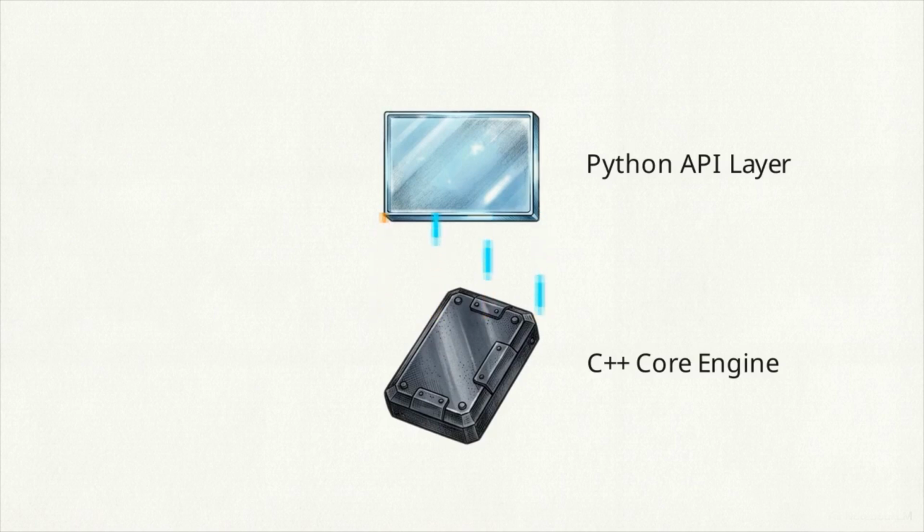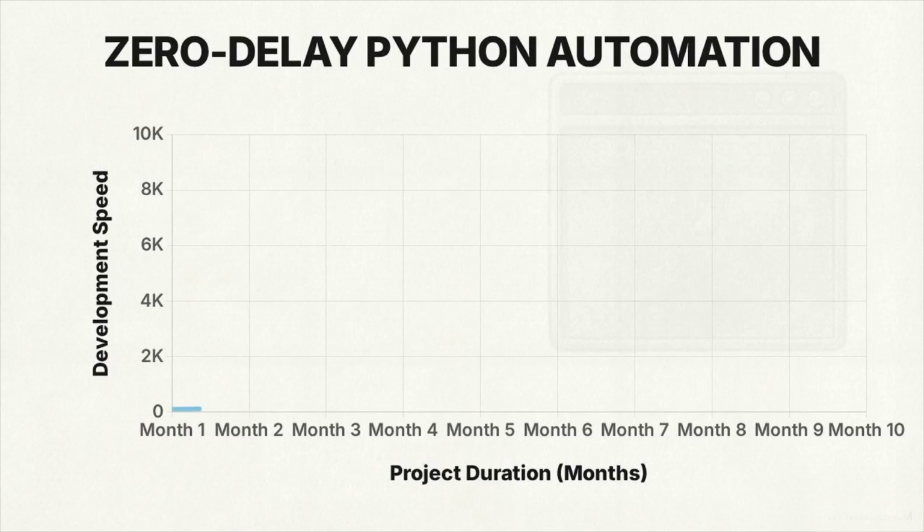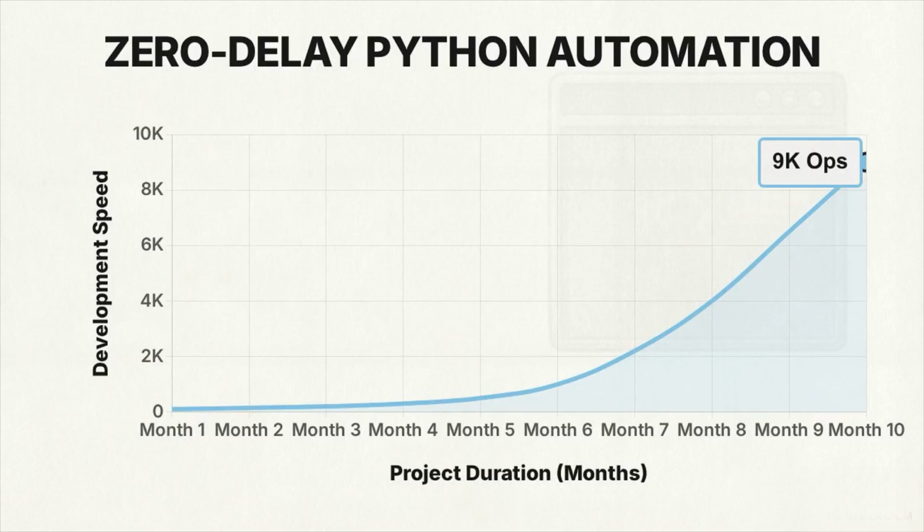The flexible Python sends commands down into the heavy core, and the core instantly returns computed results. This structural split provides a massive engineering advantage. Developers write simple Python scripts to automate vastly complex native C++ operations without ever having to recompile the software.